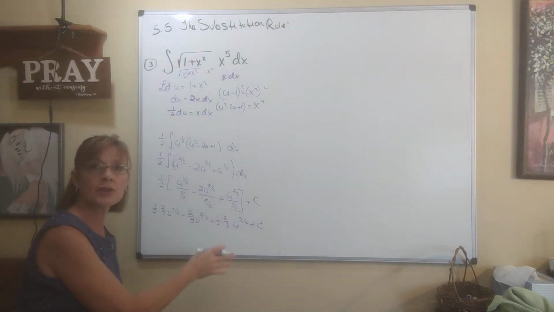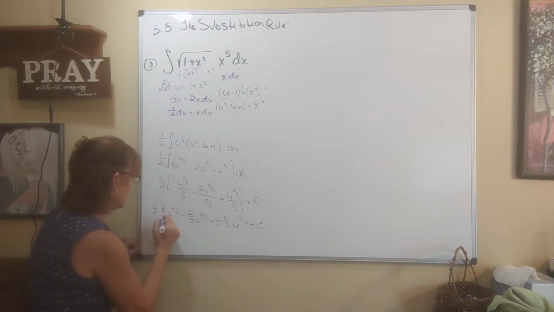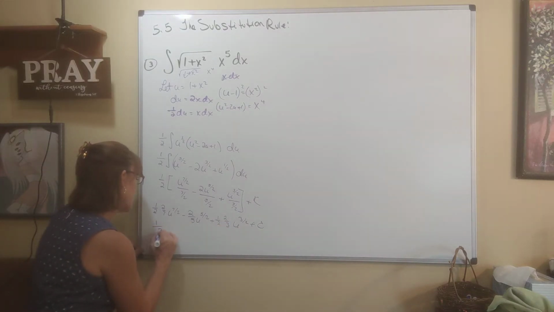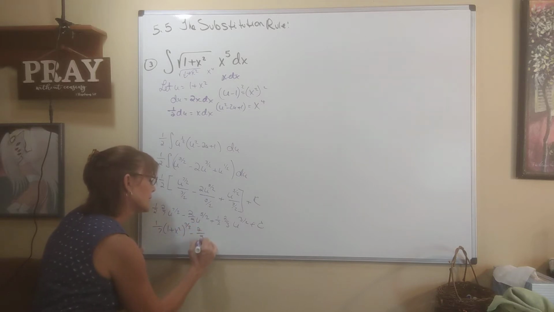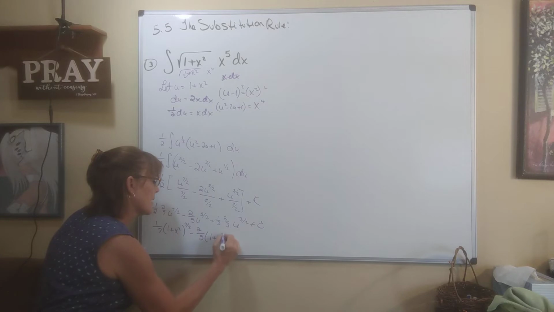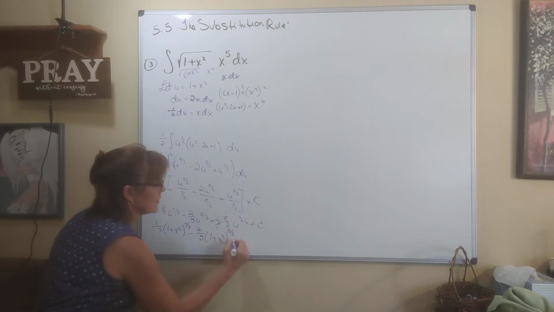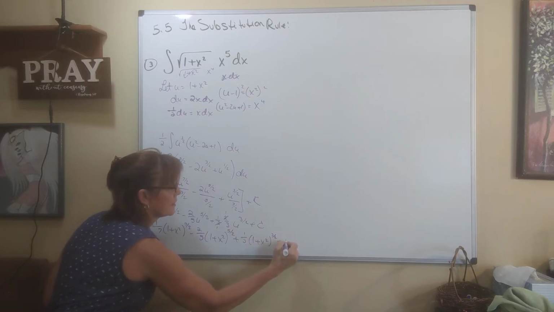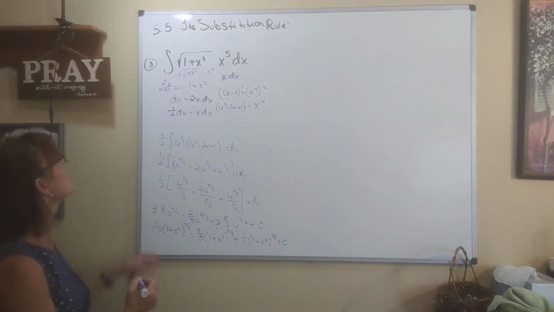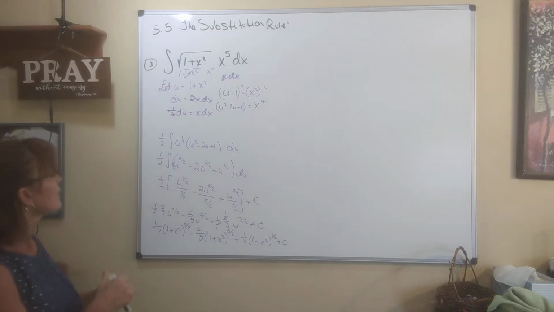Rewriting everybody in terms of the original variable x, I get 1/7 (1 plus x squared) to the 7 over 2, minus 2/5 (1 plus x squared) to the 5/2. These 2's will cancel. Plus 1/3 (1 plus x squared) to the 3/2, plus a constant. And that's your answer for number 3.